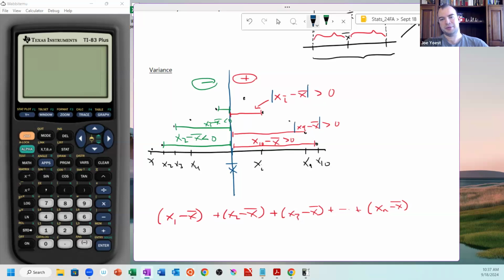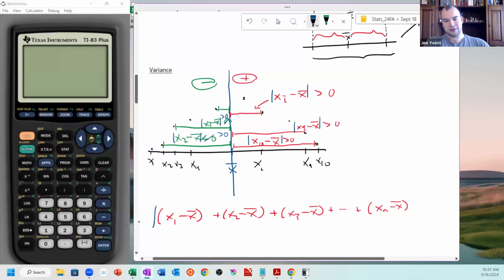If I just take, say, absolute value of xi minus x bar, the positive numbers on the right stay positive, but these negative numbers on the left jump positive. So now I have absolute values here.